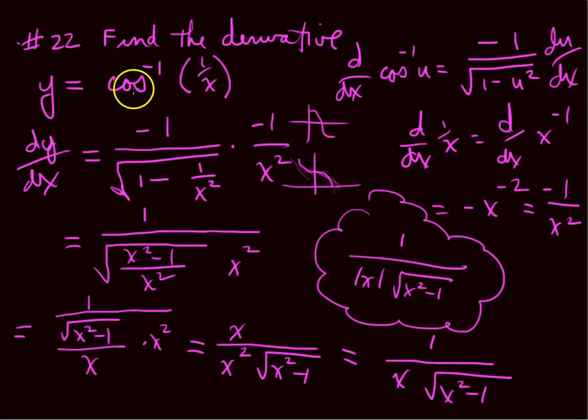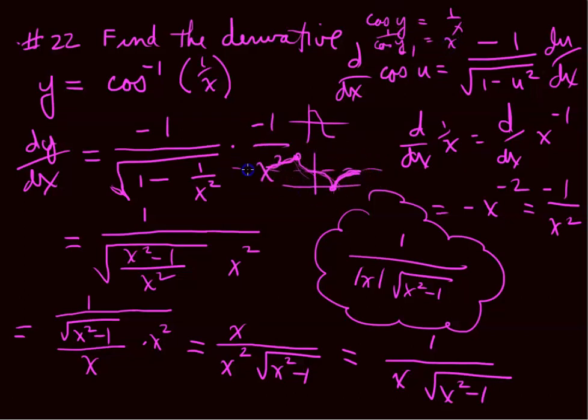But this is not just the inverse cosine of x. This is the inverse cosine of 1 over x. So all of this negative really becomes the inverse. So it's all the rest of this. If you think about it, the inverse cosine of 1 over x is the same as the cosine of y equals 1 over x. So 1 over the cosine of y equals x, and 1 over cosine is secant.